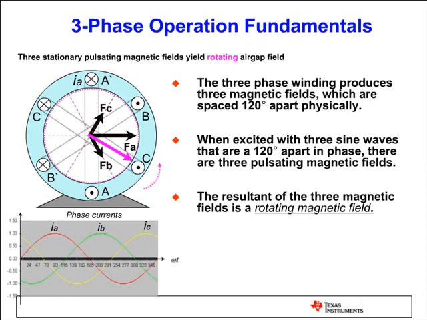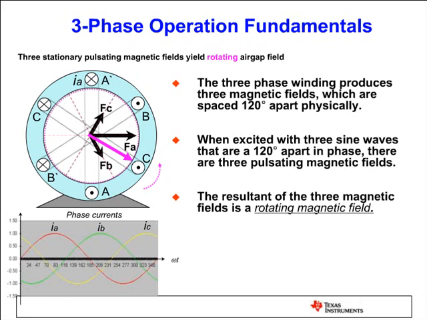We distribute all these windings to create sinusoidal back EMF or field vector. So as you see here, we have like 3 black arrows which represent the field vectors created by each winding.